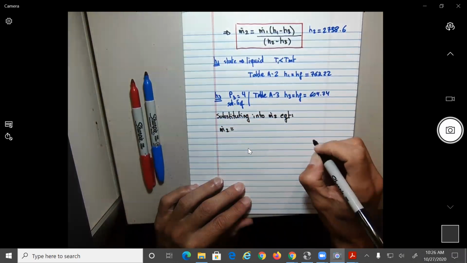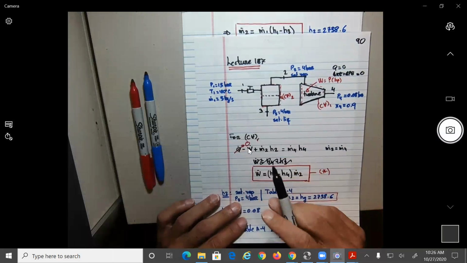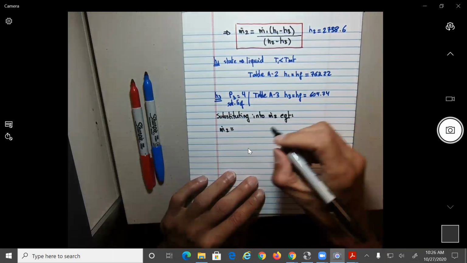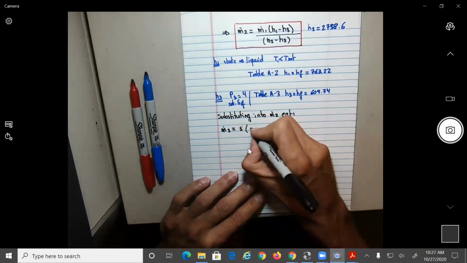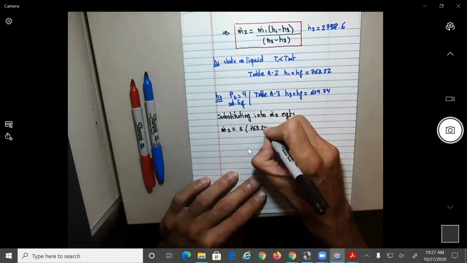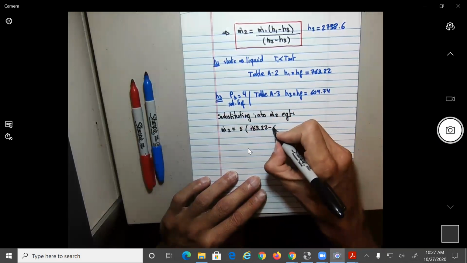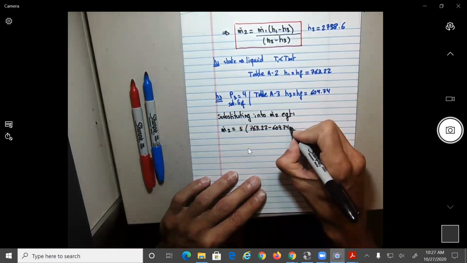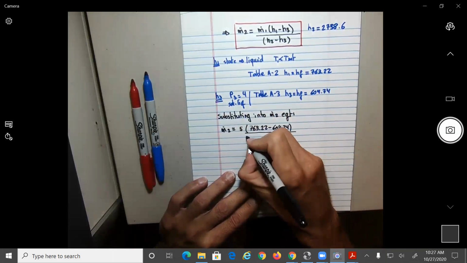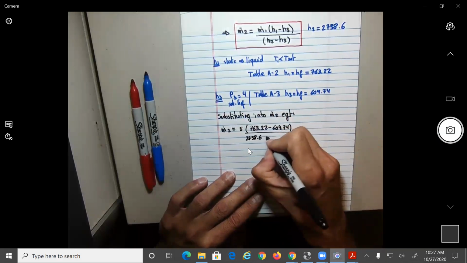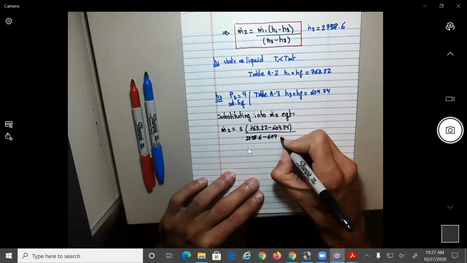M2 is going to be equal to M1, which is what? 5 kilograms per second. So it should be 5. Now H1 we found to be equal to 763.22 minus H3, 604.74, divided by H2, 2738.6 minus H3, which is 604.74.